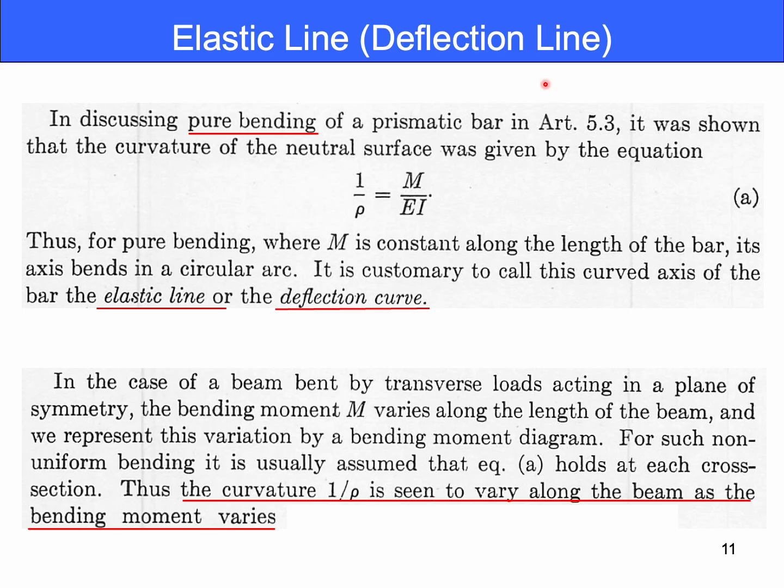All right? You are able to draw the moment diagram. Then M has a distribution, so you have the curvature distribution. Once you have the curvature distribution, mathematically you are able to obtain the deflection curve, and it is shown in the next slide.